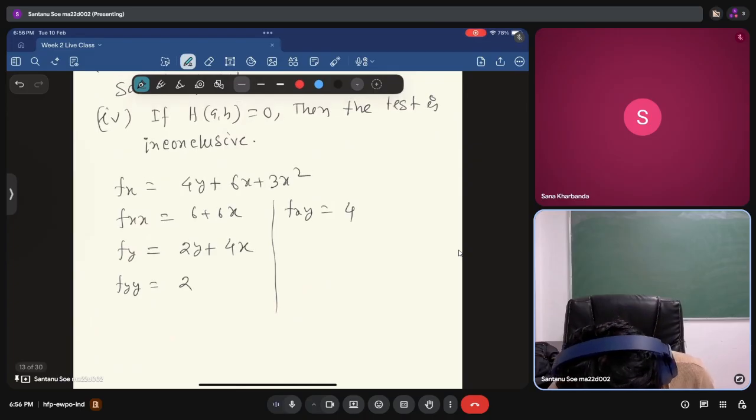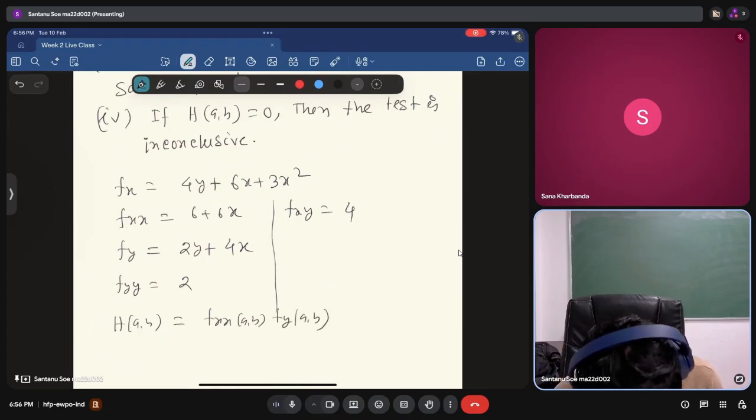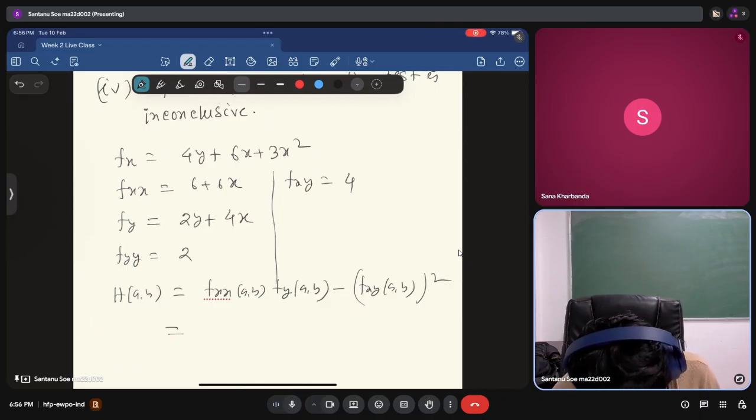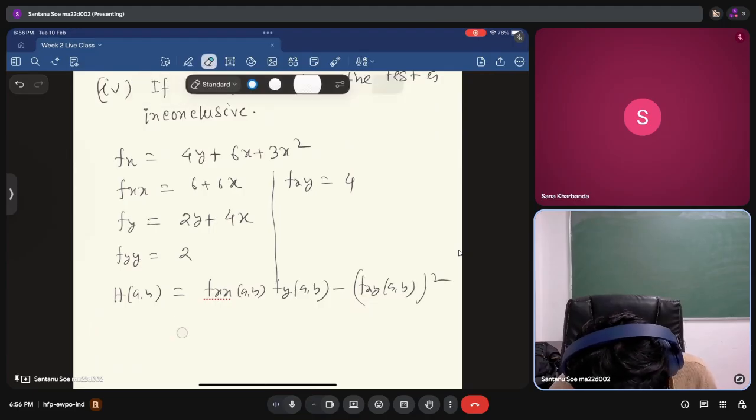So now the Hessian evaluated at (a, b) will be fxx at (a, b) multiplied by fyy at (a, b) minus fxy evaluated at (a, b) whole square. So let us just take the point (a, b) as (0, 0).